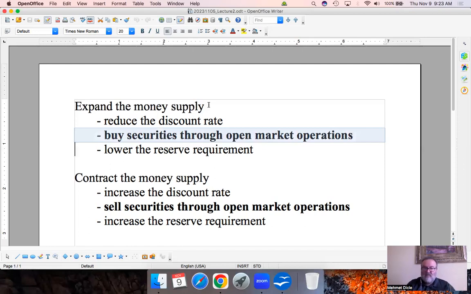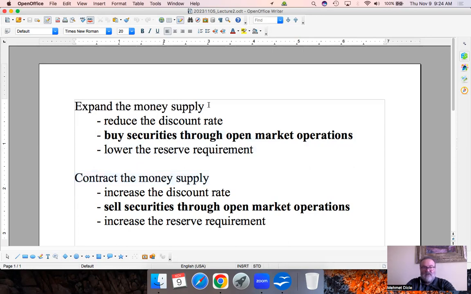You take the paper out and leave money instead, and therefore you create a monetary expansion. And you could also lower the reserve requirement, so there will be more money for the deposit institutions to lend out. Now, to contract the money supply, we do exactly the opposite.